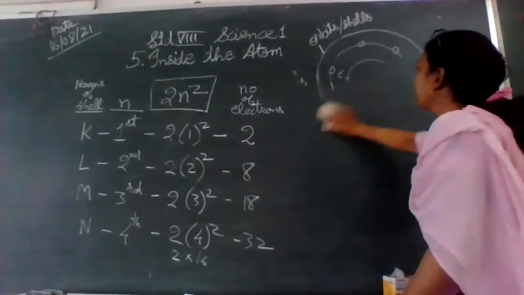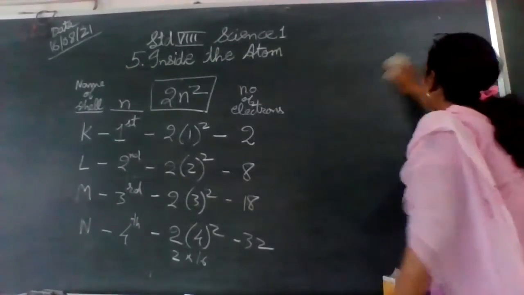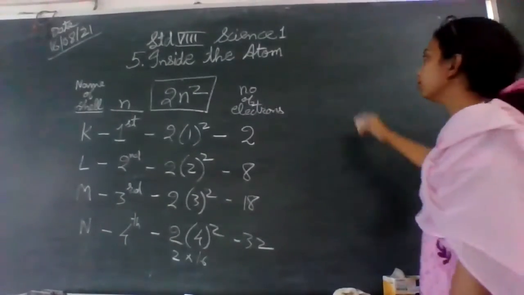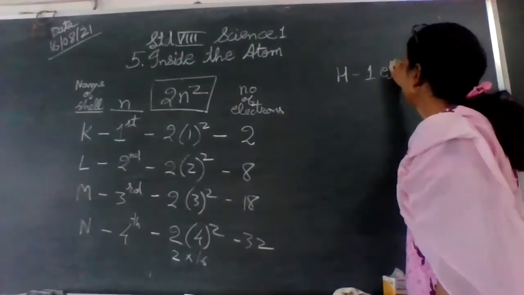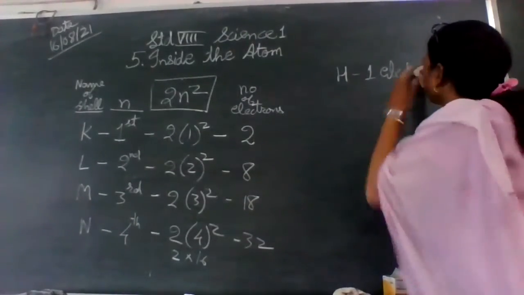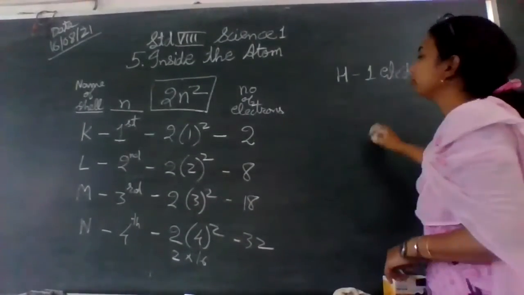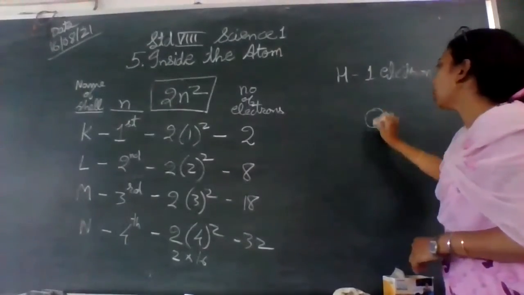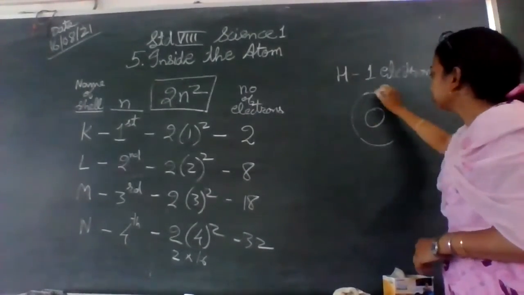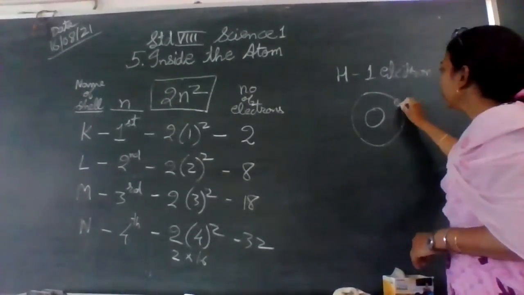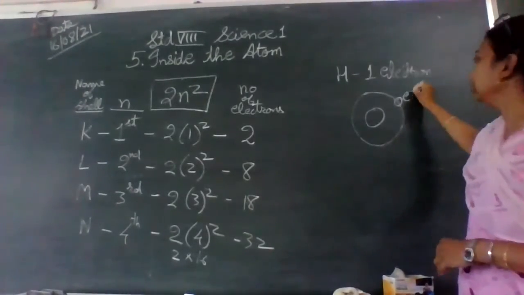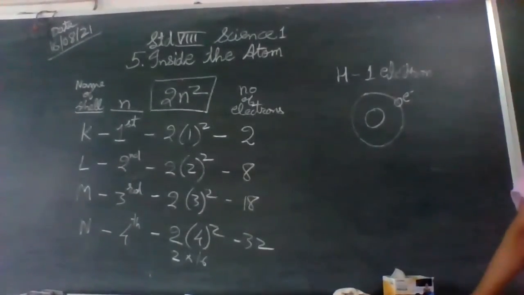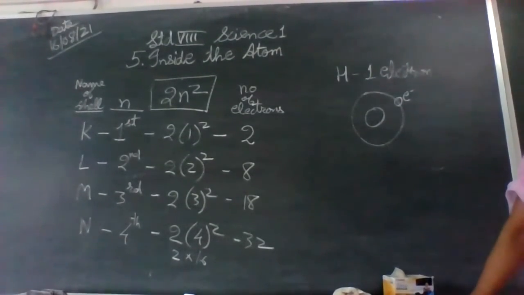If you have to draw an atom of hydrogen, we'll have to draw the K shell with only one electron. The K shell will accommodate only one electron.